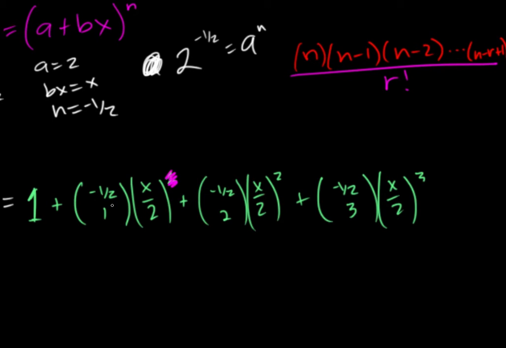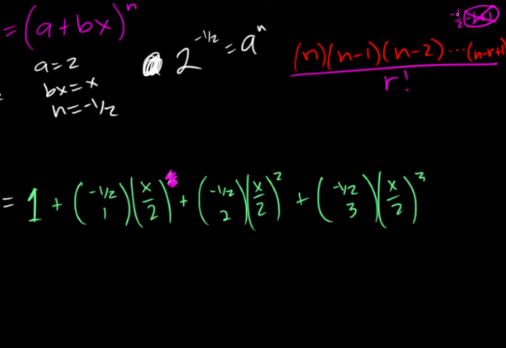If we're talking about this, our n value is negative 1/2, and we want to find out what our n minus r plus 1 value is. So that's going to be negative 1/2 minus 1 plus 1. So those cancel.